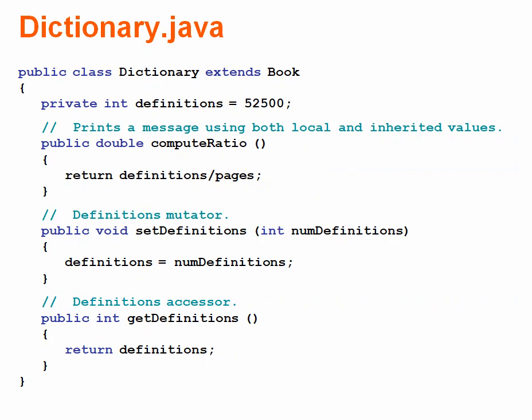It prints a message using both local and inherited values. And I have a method compute ratio, whose return type is double, and other methods, set definition and get definition. Set definition is for providing the definition, and get definition is for printing the information.